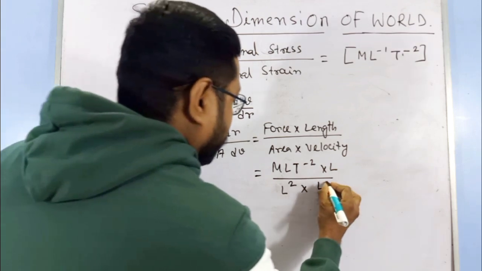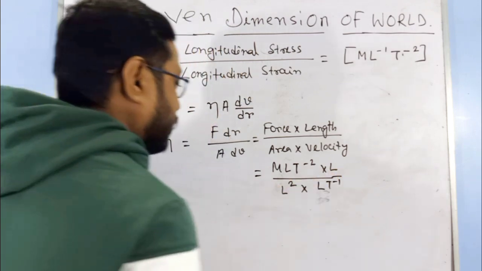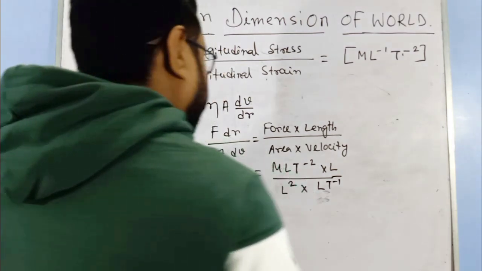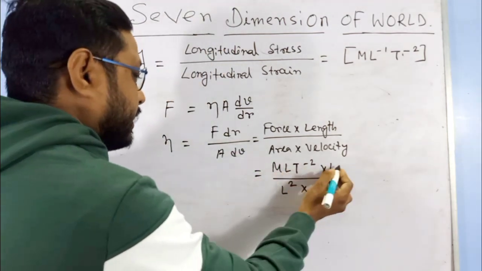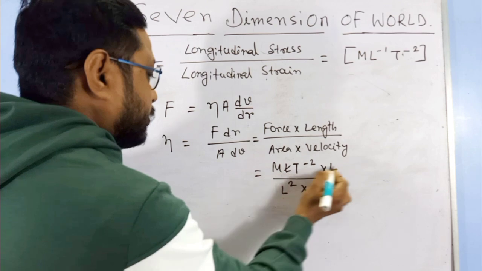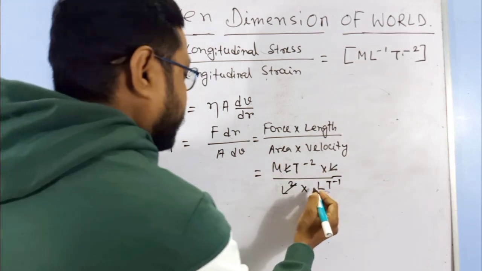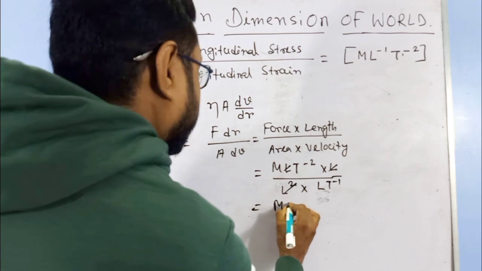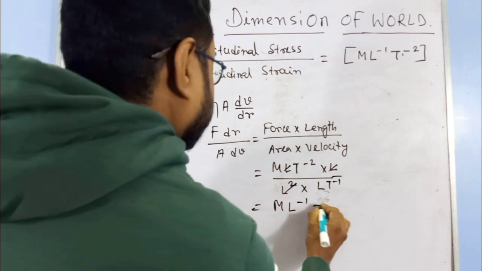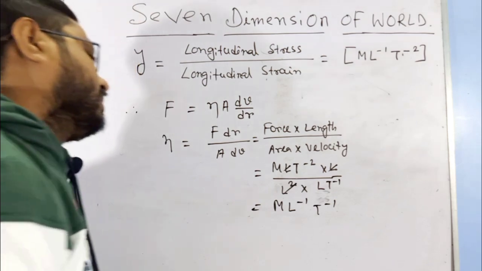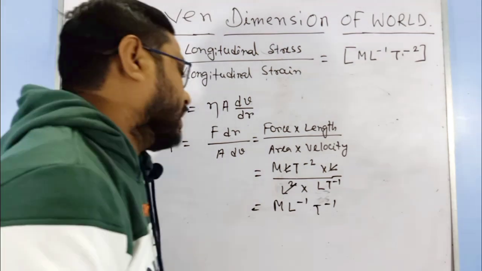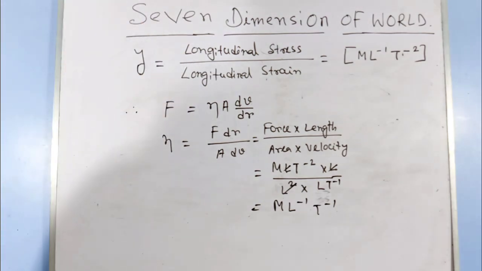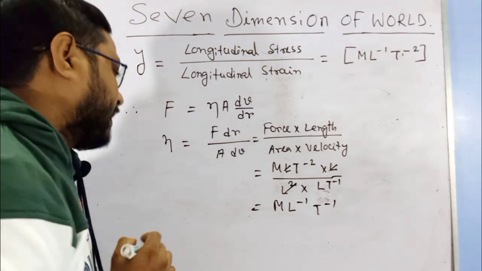So if we write it, this L and L is L square, so L square cancels out. So we get M L to the power minus 1 T to the power minus 1.